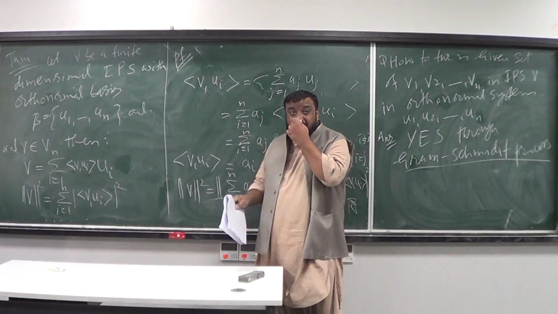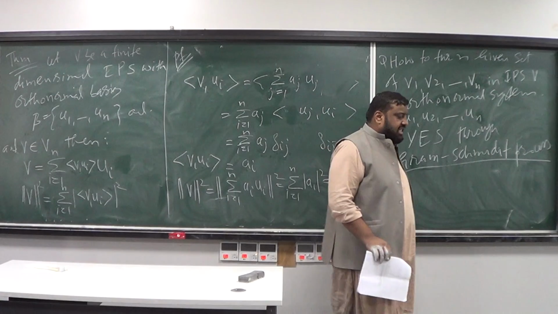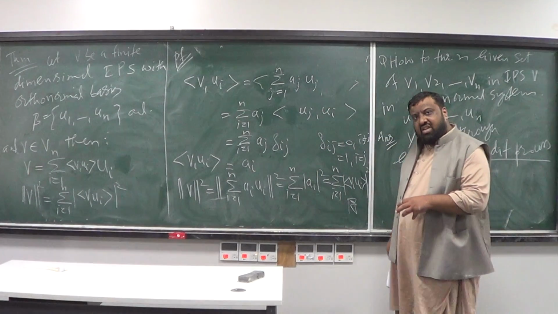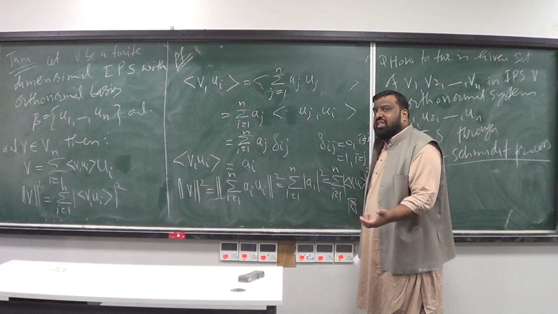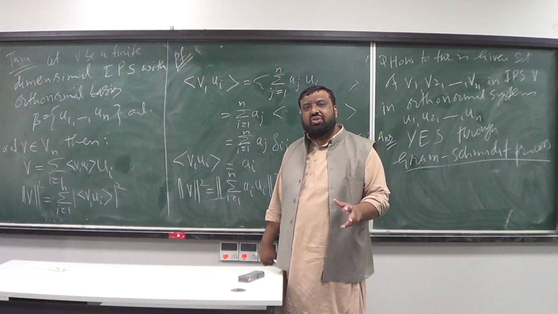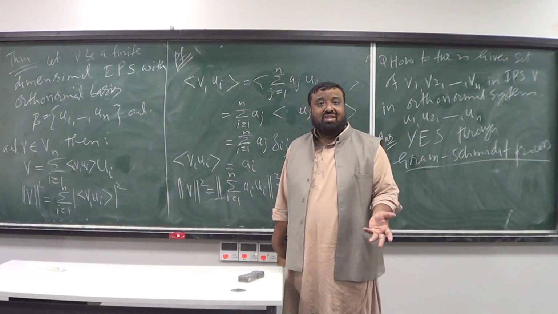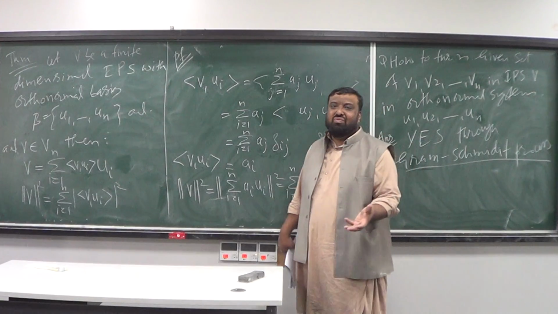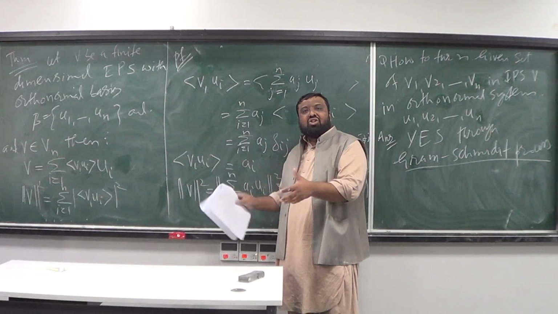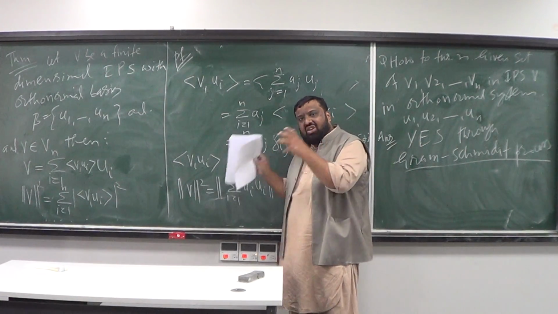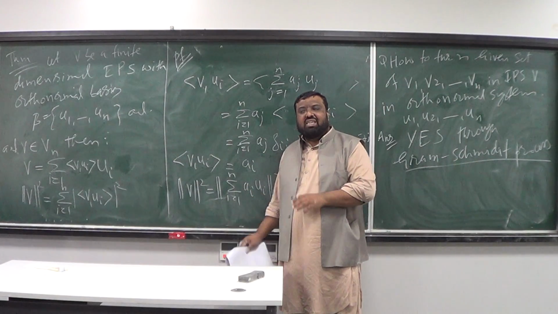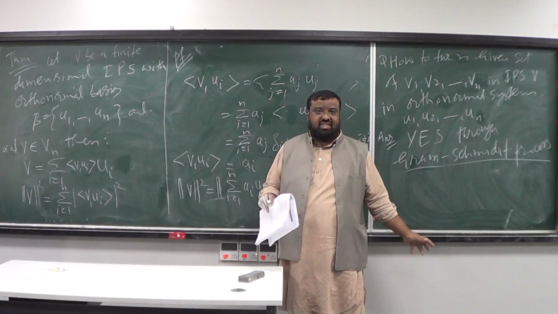I don't know whether in your previous linear algebra course you have seen a proof of why the Gram-Schmidt process works, why this algorithm can always take non-orthonormal vectors and turn them into orthonormal vectors.